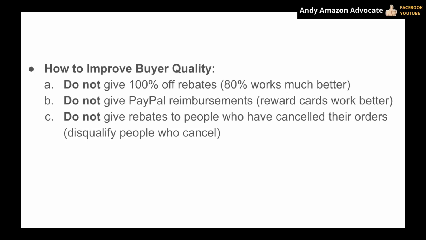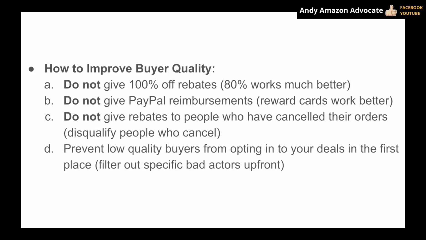Say you have 5,000 Amazon sellers running rebate campaigns on Facebook. How are you going to know if a person that opts into your campaign is a scammer before they buy from you? It's not possible to know unless you're using a network like Rooster, because we have access to all of these scammer accounts. And what we can do is actually prevent them from opting in. I'll explain how that works. We prevent them from opting in the first place by filtering them out.